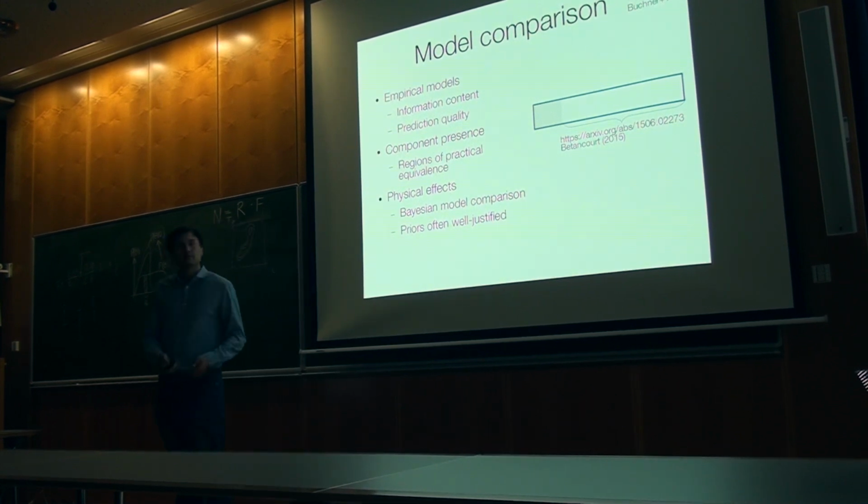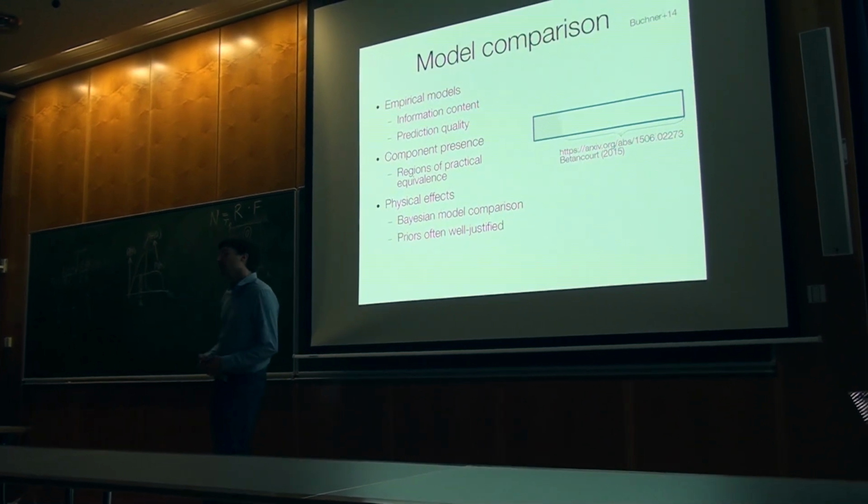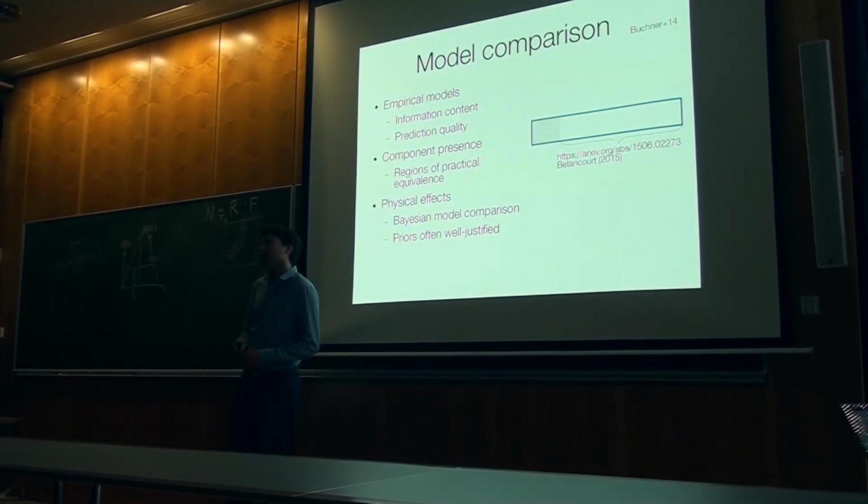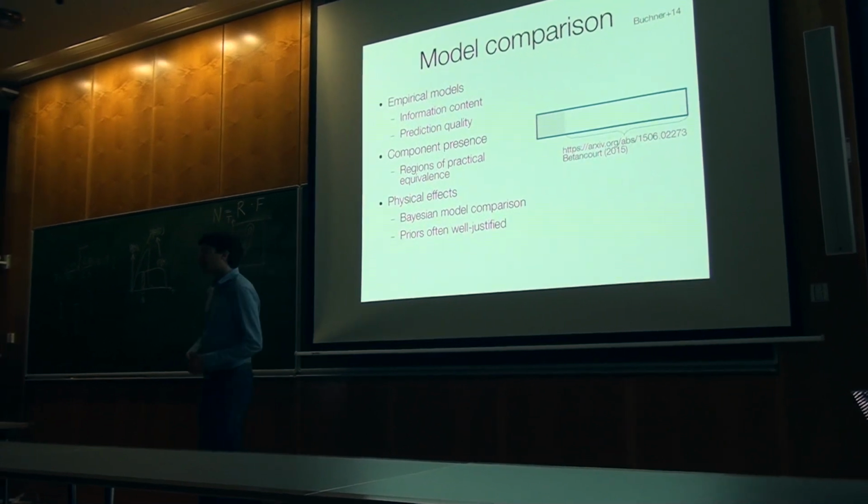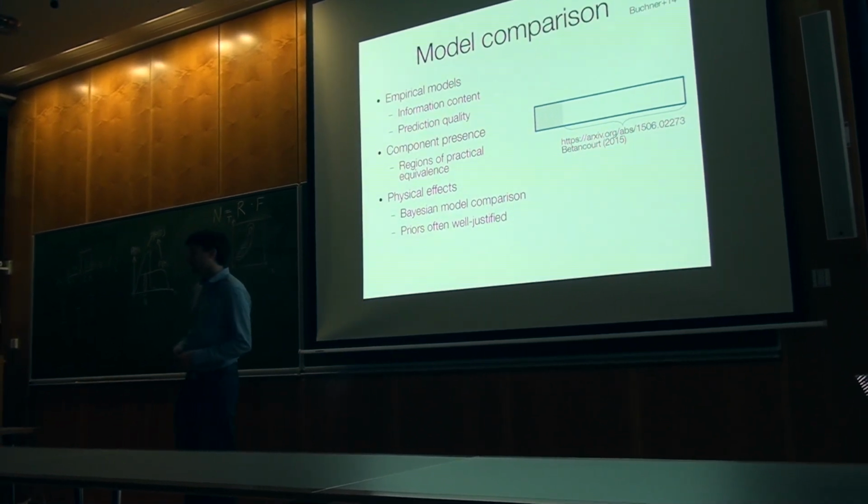You could define a region of practical equivalence of the two models, and then all you have to do is parameter estimation: how much of my posterior is in this region compared to that region? That is much simpler than model comparison, because we know better how to do parameter estimation than comparing between model spaces.